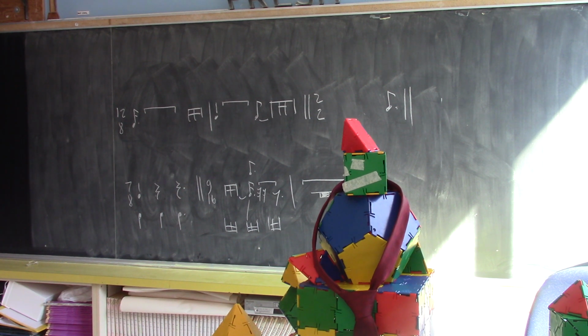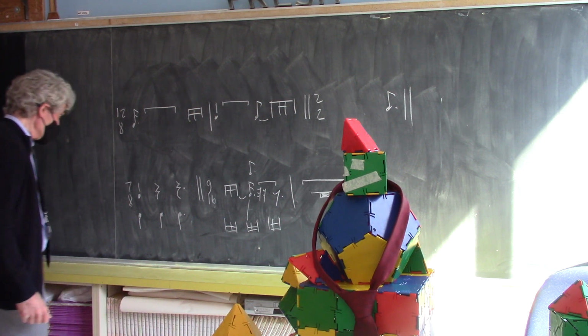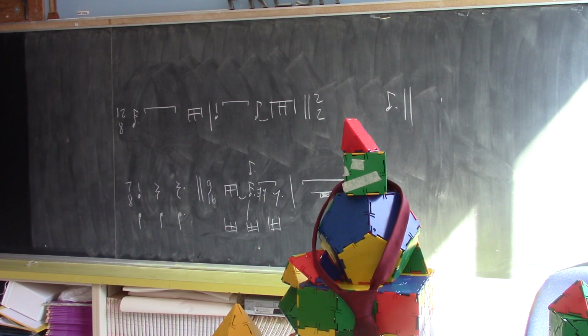So if you want 3, you need a dot there. Okay, so 12/8. 1, 2, 3, 4, 5, 6, 7, 8, 9, 10, 11, 12. Quadruple. So compound, quadruple. Four groups.